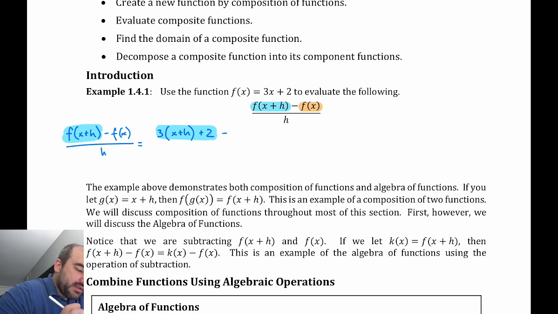And then we have a minus, and then the orange highlighted expression, which is f of x, is just saying take the function f of x and put it there. Don't replace the x with anything. Just the 3x plus 2, and that is our orange expression. And then don't forget about the all over h part of that.